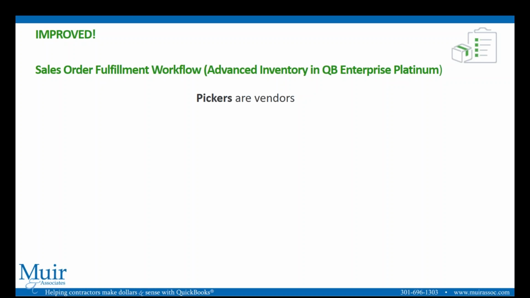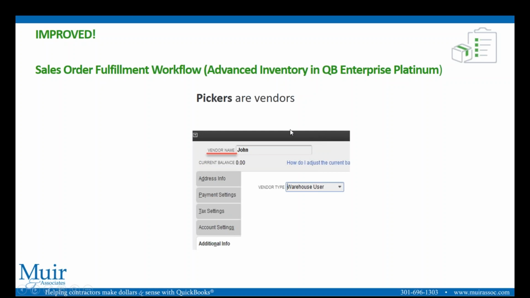And sometimes your pickers could be contractors, so that's why they selected vendors. And if your pickers are your employees, obviously you have them as an employee name. The vendor name then needs to be slightly different, so it could be their name -V for vendor. But pickers are vendors, so you can't use an employee name and make them a picker here. You need to put in a name.